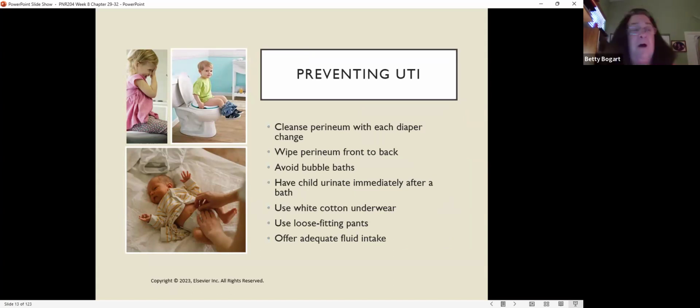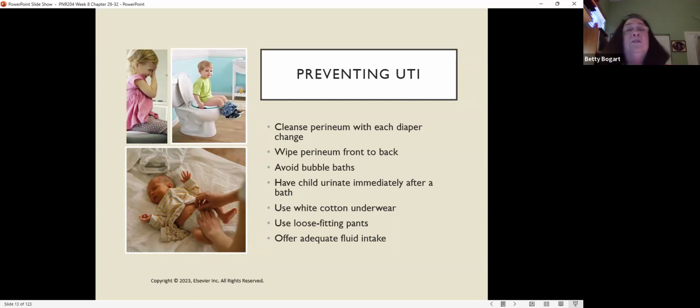Now, this is the hard one. Have them urinate immediately after a bath. Now, how many children do you put in the bath and with the warm water they immediately urinate when they get into the bath? I mean, that's a common occurrence, right? It's better afterwards. Just like adolescents, urinating immediately after sexual intercourse decreases urinary tract infections.